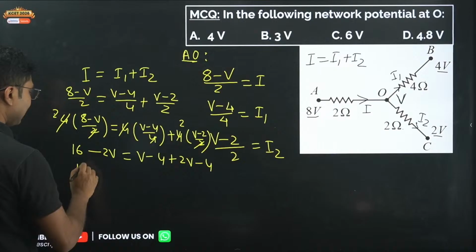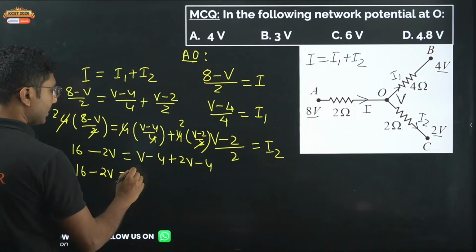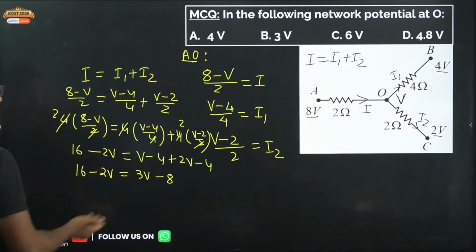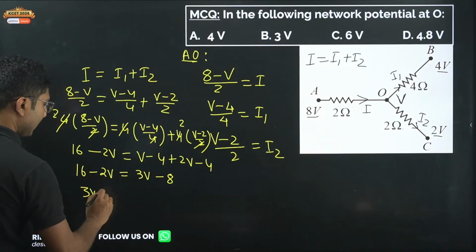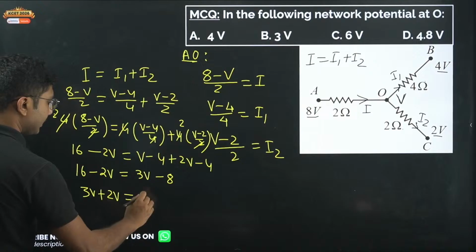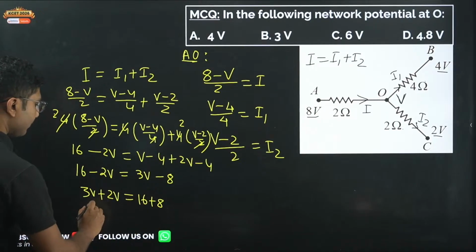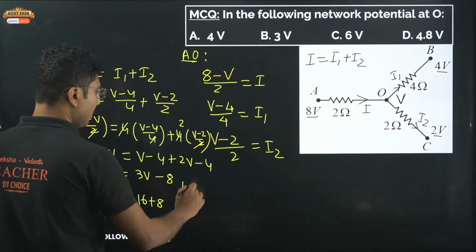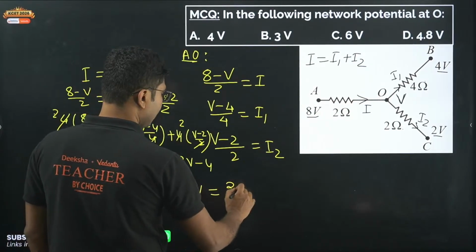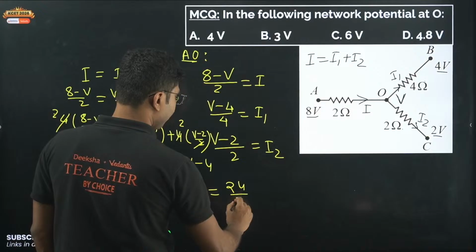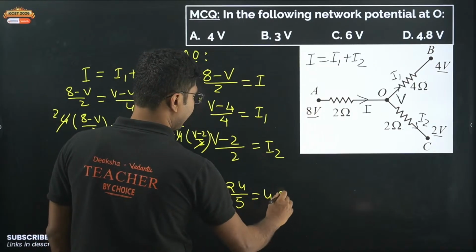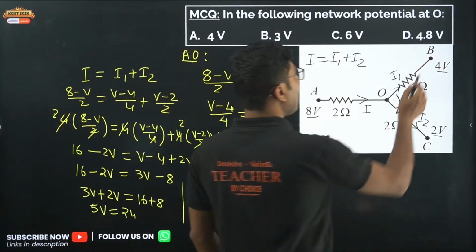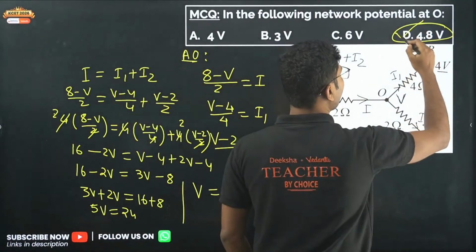So we get 16 minus 2V equals 3V minus 8. Now exchange the terms, we get 3V plus 2V equals 16 plus 8. That is 5V equals 24, or V equals 24 by 5, that is 4.8 volt. So the intermediate voltage is 4.8 volt, and this is an MCQ, so the correct answer is option D.